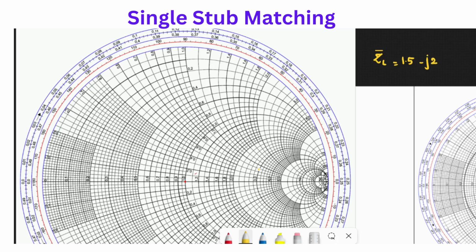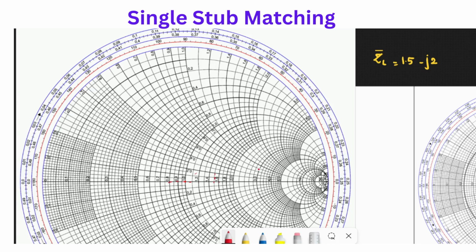We'll see how to plot this on the Smith chart. As you can see, the real part should always be seen on the horizontal line. Here the readings are 0.8, 0.9, and then this point is 1.2. This is 1.4 and the next point is 1.6. So 1.5 is right between 1.4 and 1.6.